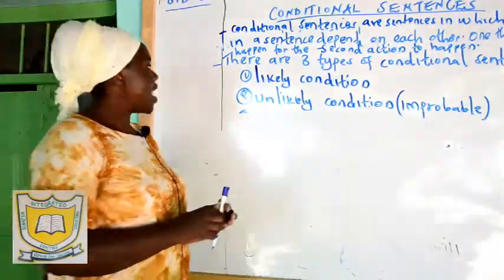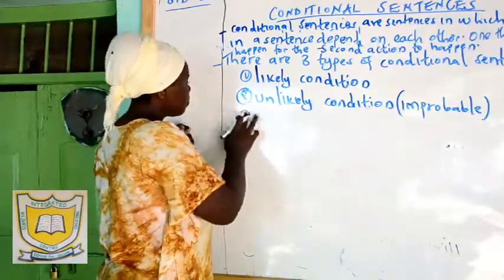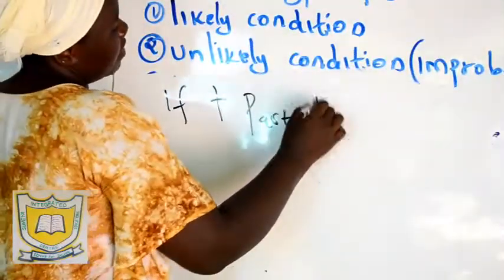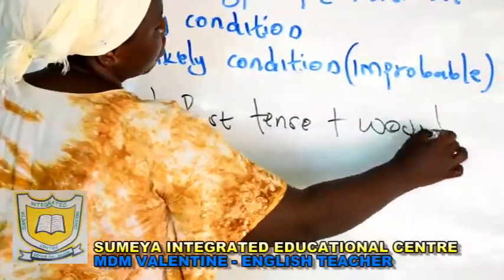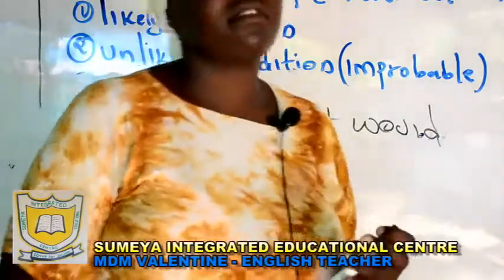So you form the unlikely condition. The unlikely condition is formed by if plus a past tense plus would. If plus a past tense plus would.